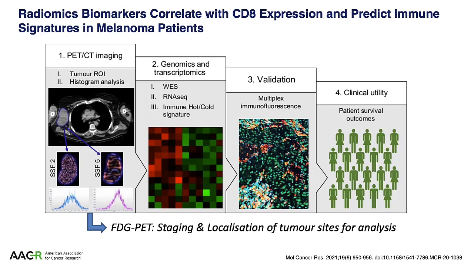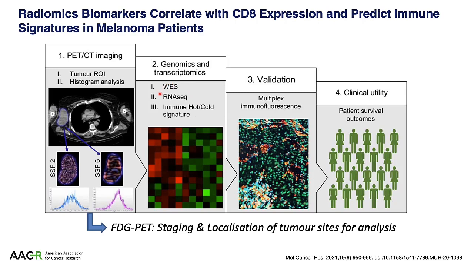Now, the study that I mentioned before from the Translational Research Institute and the Princess Alexandra Hospital in Brisbane is summarised in this figure. The imaging modality was PET-CT. The CT component underwent texture analysis, but the FDG PET information was also used for routine clinical staging and for localization of tumour sites for analysis.